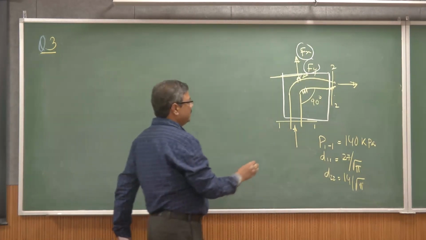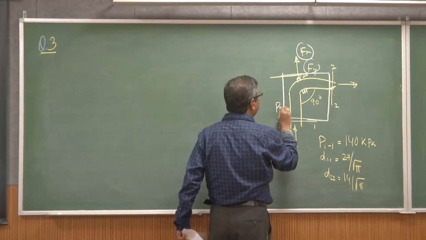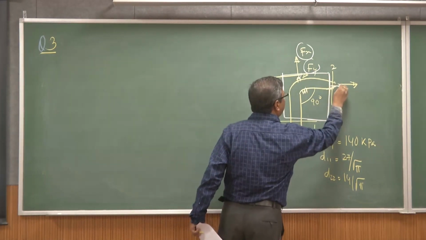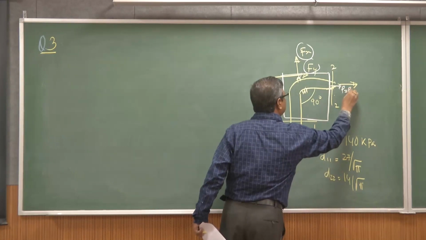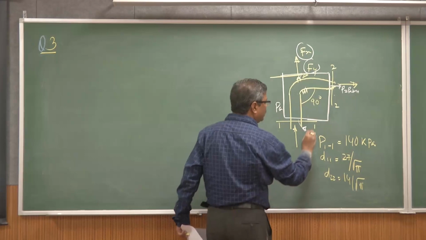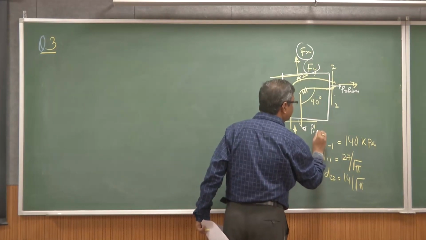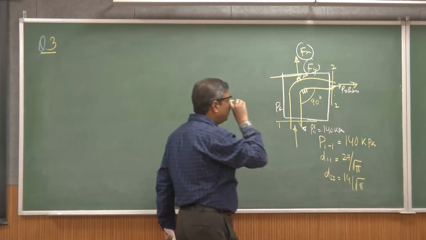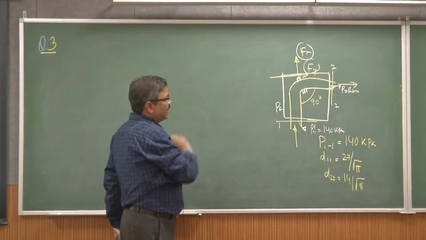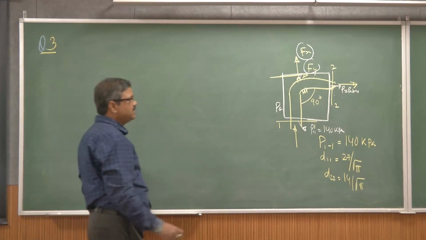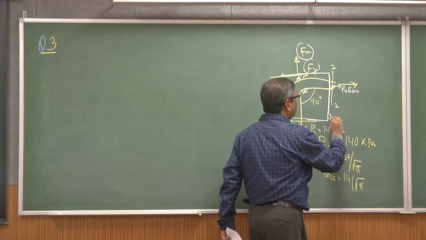Everywhere you have pressure equal to atmospheric, but at this inlet point you have a pressure of 140 kilopascals. So you know the pressure diagram, and you know this control volume.